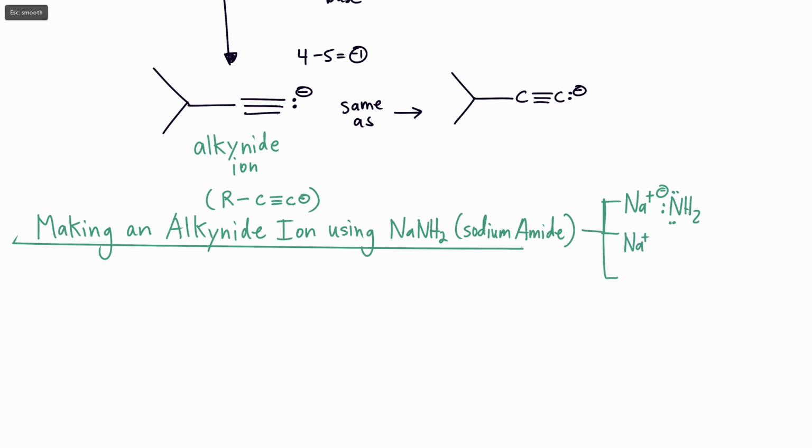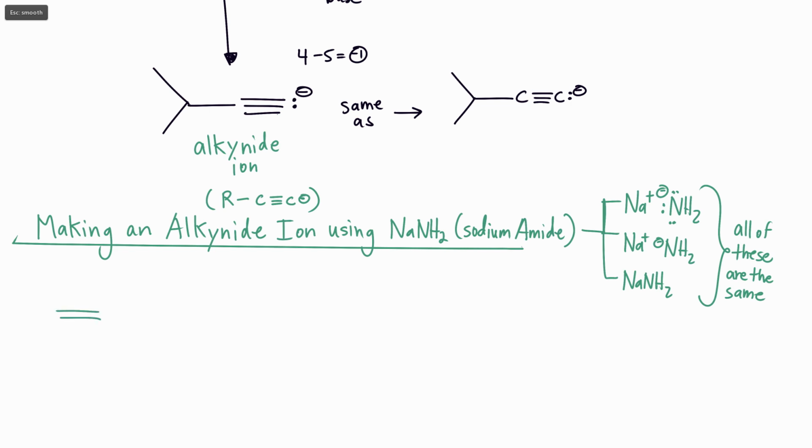Sometimes it's written as Na plus and just simply NH2 minus, or it can be written in this ionic form, NaNH2. You need to remember all of these are the same. Okay? Now, anytime we react a terminal alkyne with sodium amide, we get an alkynide ion.